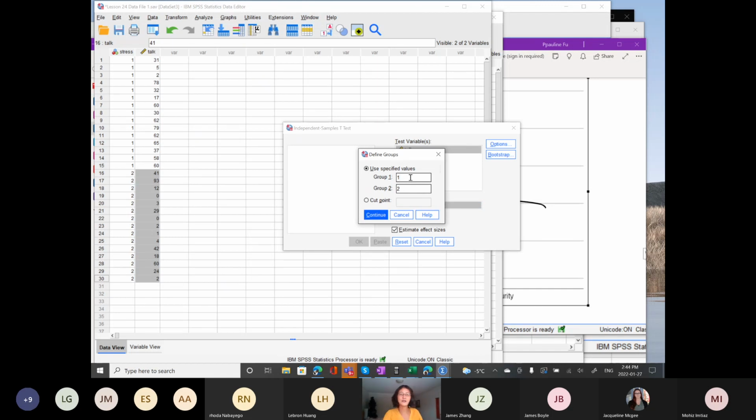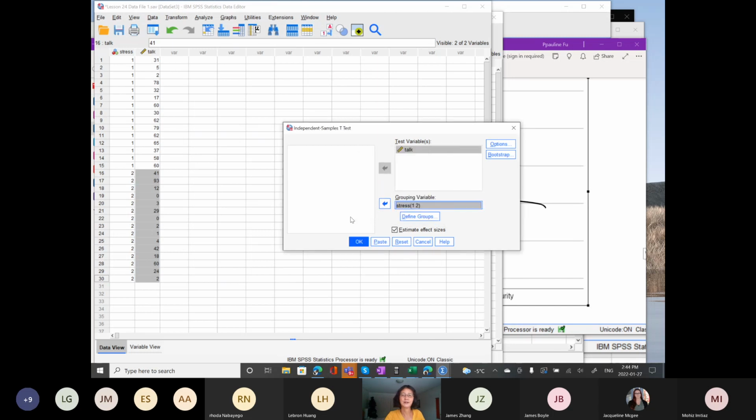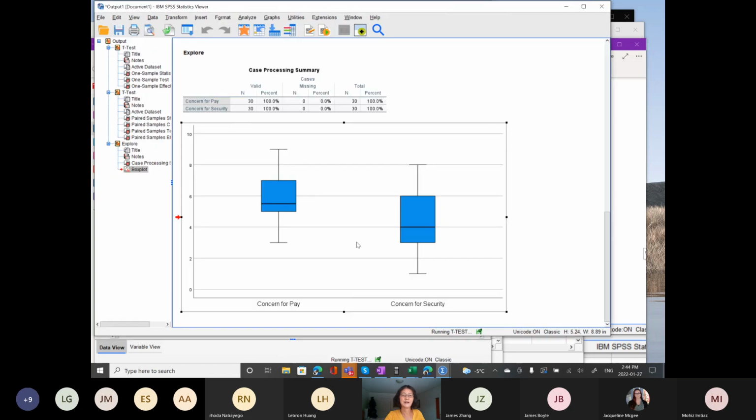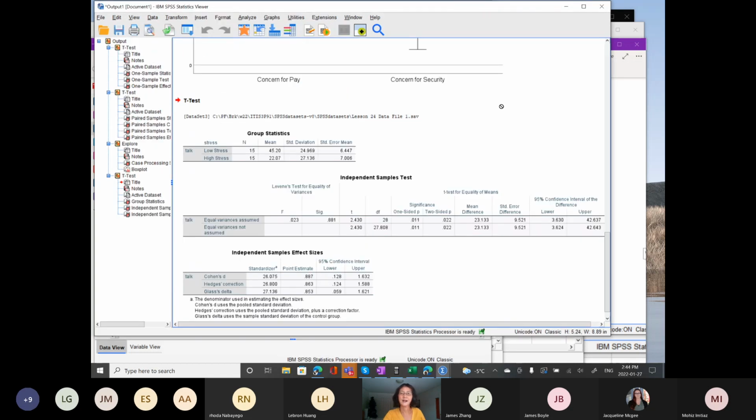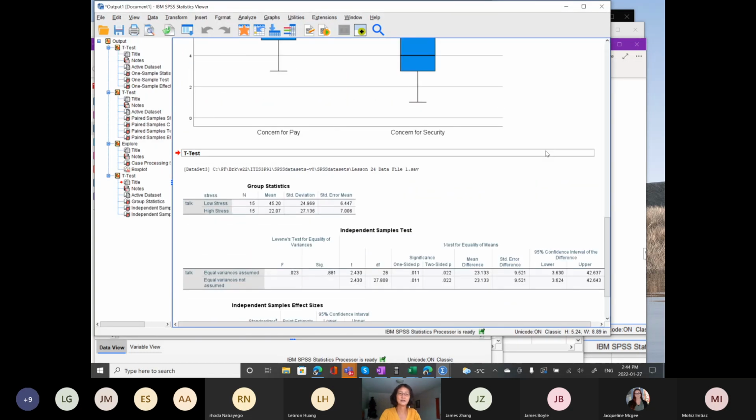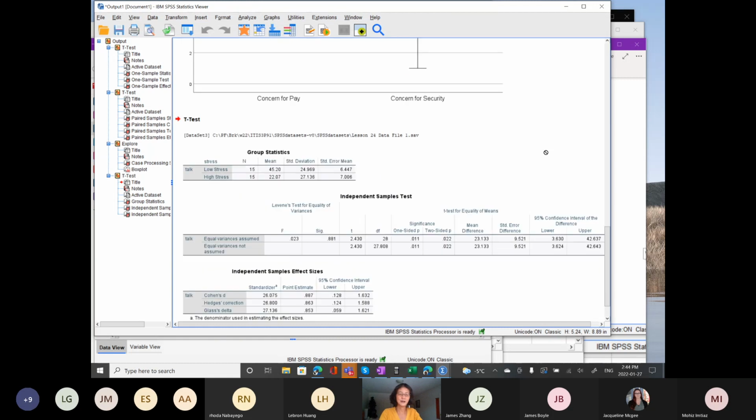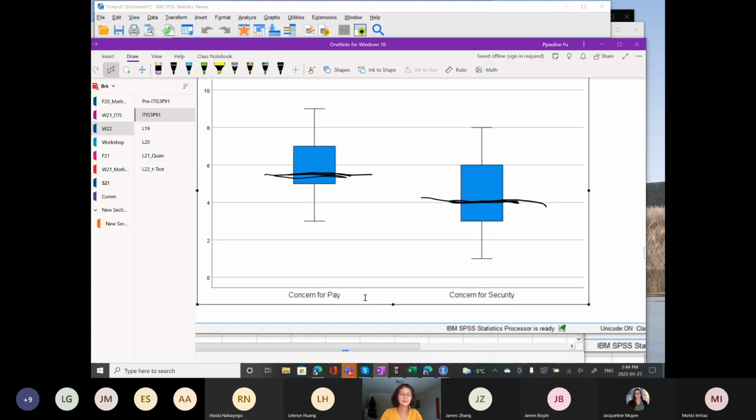Group 1 is low stress students, value is 1. Group 2 is 2. So click Continue, and then click OK. And this is our result. I'm going to copy this result so that I can make a notation.